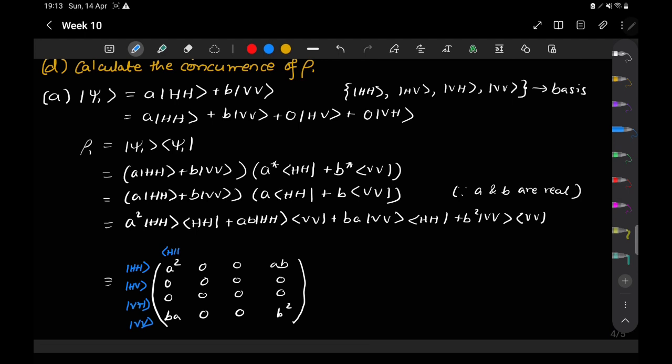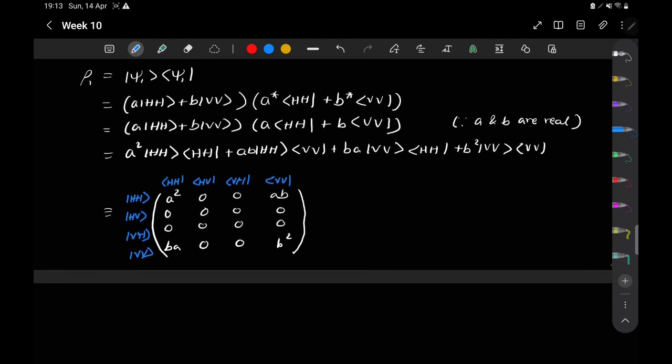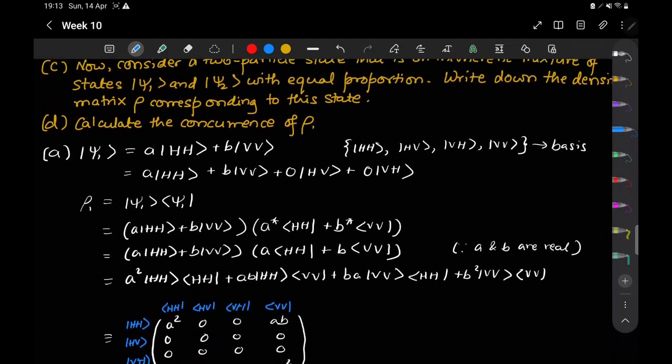Similarly here. So that's the order that we are following. And this is the density matrix, rho 1.